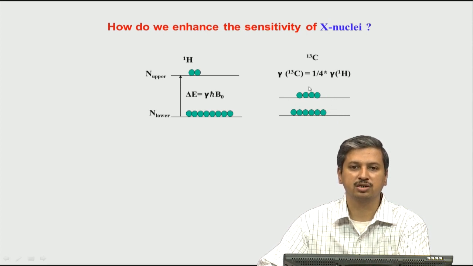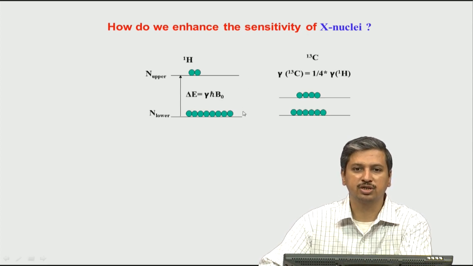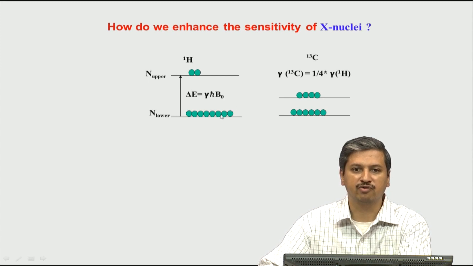Therefore, in carbon the difference will be 4 times less compared to the difference here. Please keep in mind this is just a notation and a schematic; in reality there is not a difference of 8 atoms, but the proportionality is the same. Whatever the difference in protons, carbon will be 4 times less. So, what is the importance of this polarization, this difference?